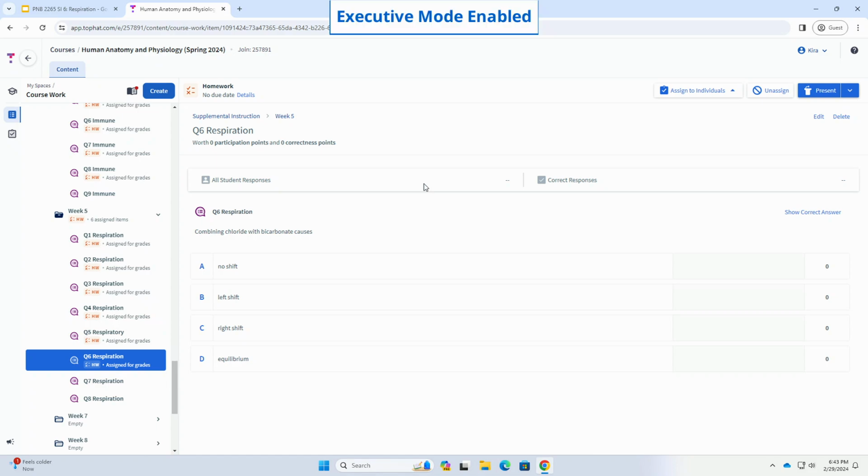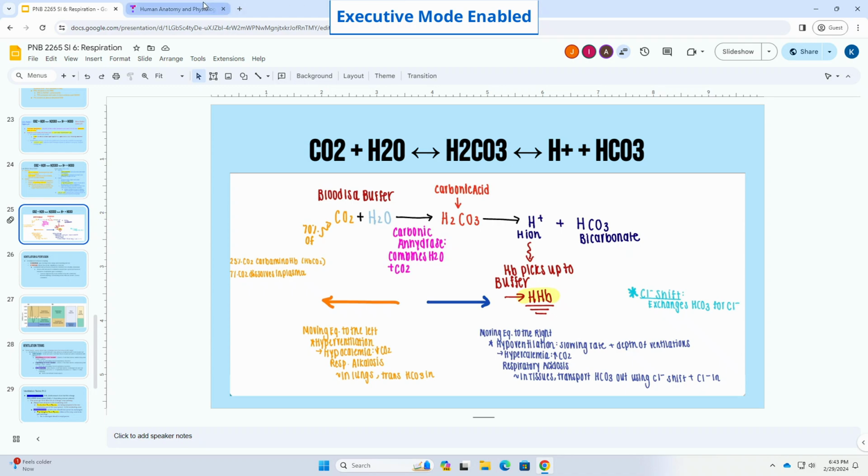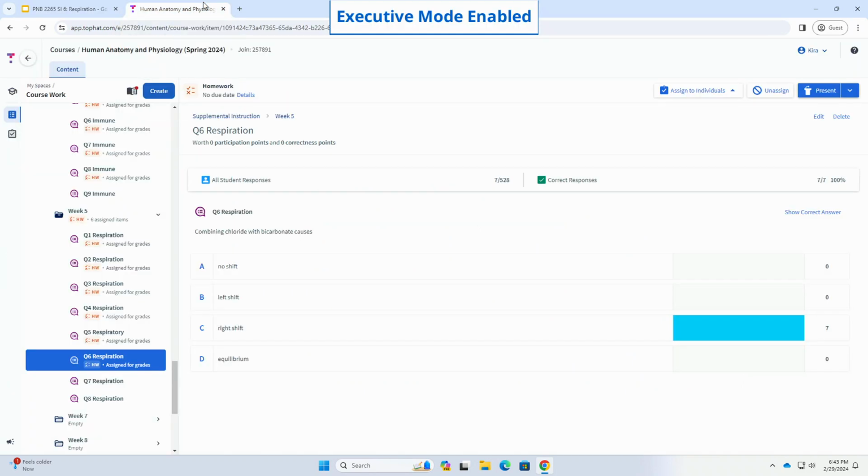Combining chloride with bicarbonate causes what? You guys got it, it's a right shift.